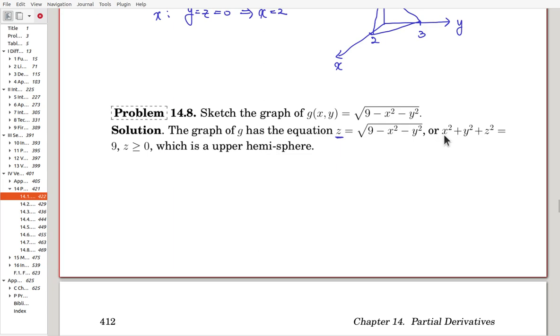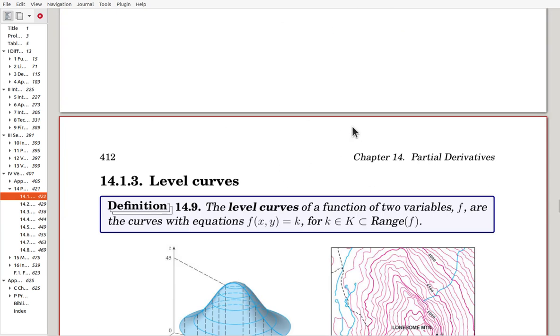So we reach here x squared plus y squared plus z squared is 9. From the original one, z is non-negative. So we can conclude that the graph is the upper hemisphere. You can draw the graph yourself.